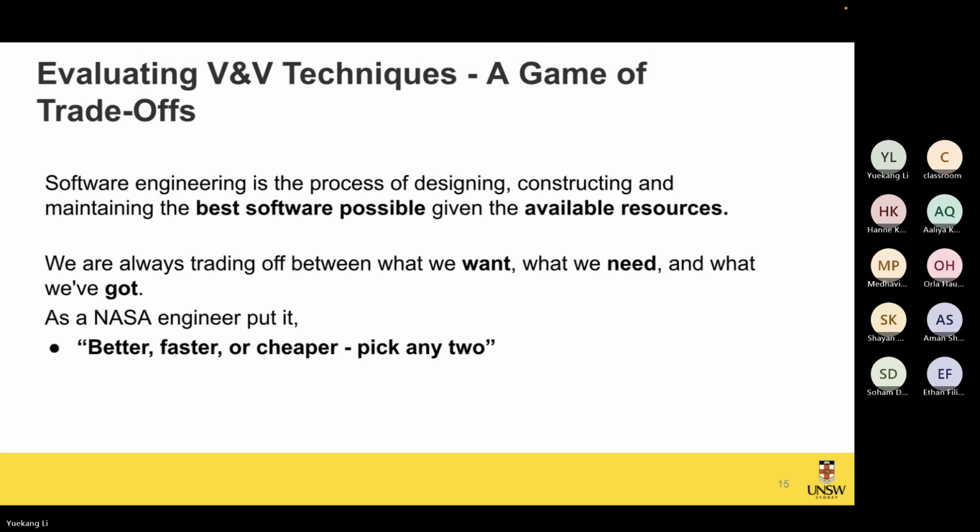Like mentioned by a NASA engineer, we can choose better, faster, or cheaper. We can choose any two, but we cannot have all three of them. And we must accept some degree of inaccuracy with whatever technique we try to use. And this inaccuracy is related to the inaccuracy of identifying a bug.